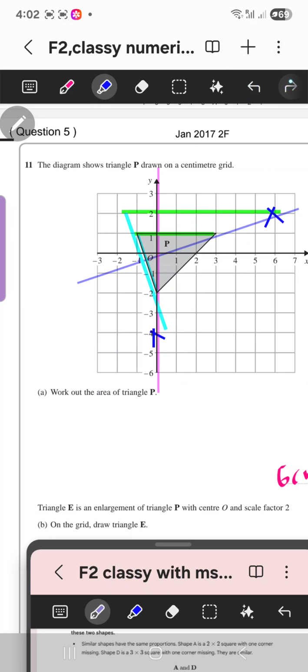So that's a point, another point, and the third point is like this. So we're going to move here.